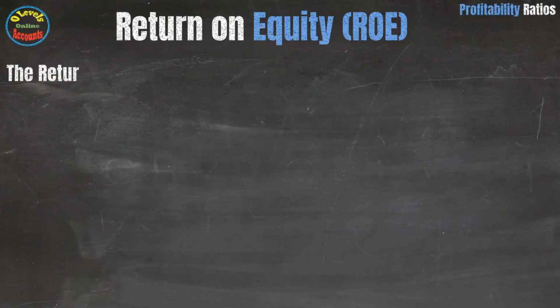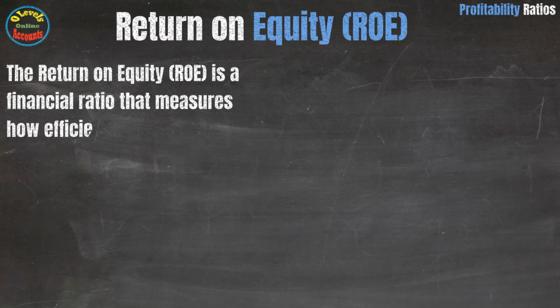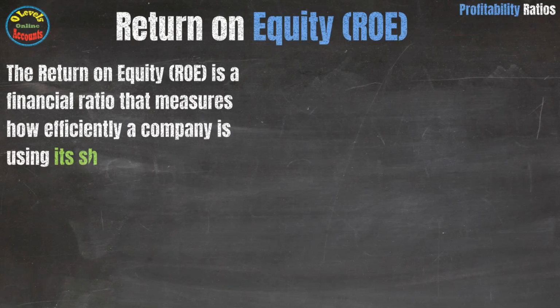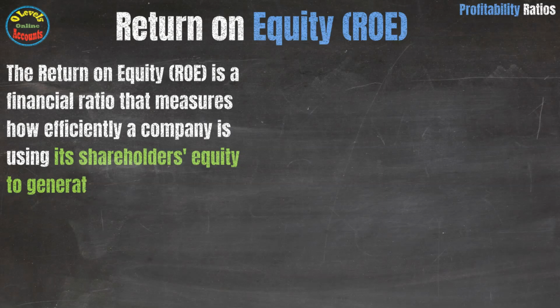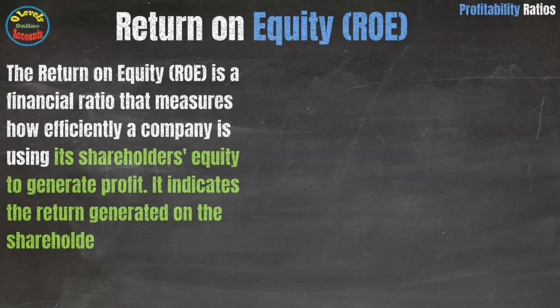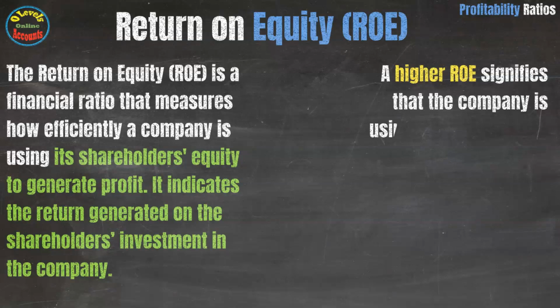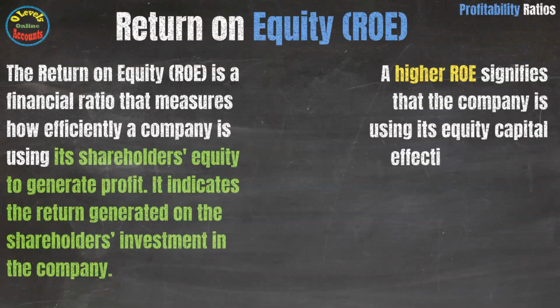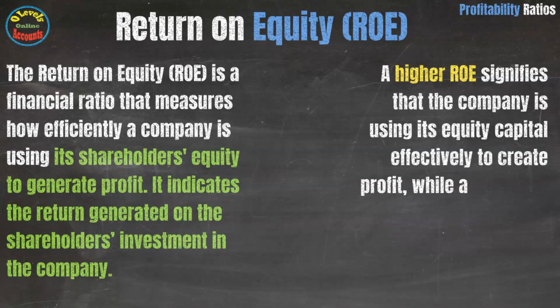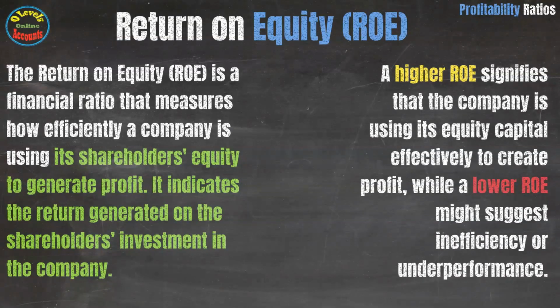The return on equity, ROE, is a financial ratio that measures how efficiently a company is using its shareholders' equity to generate profit. It indicates the return generated on the shareholders' investment in the company. A higher ROE signifies that the company is using its equity capital effectively to create profit, while a lower ROE might suggest inefficiency or underperformance.